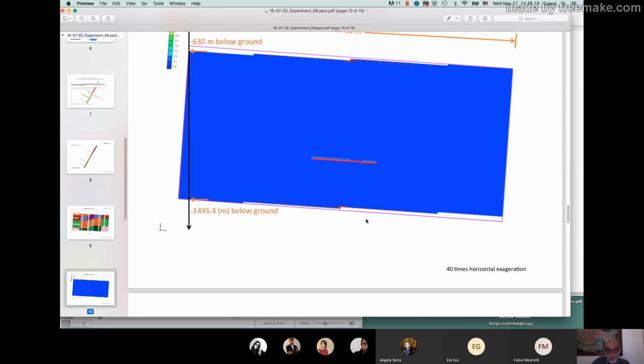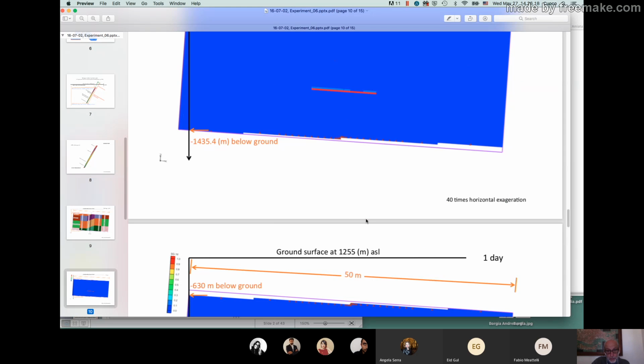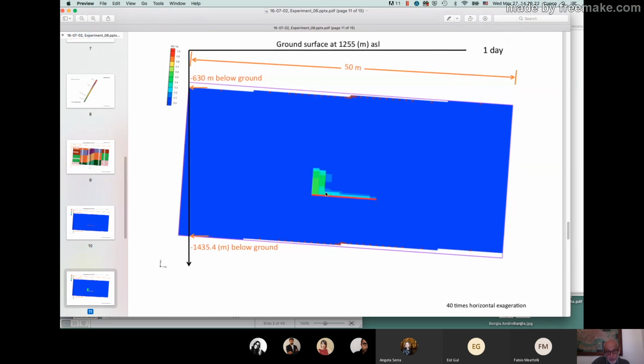Now, as time passes by, you see that there is a CO2 plume in green, which is about 0.5 CO2 saturation in the fault gauge. And as you can see, the fault gauge becomes saturated only on the upper part of the fault gauge.